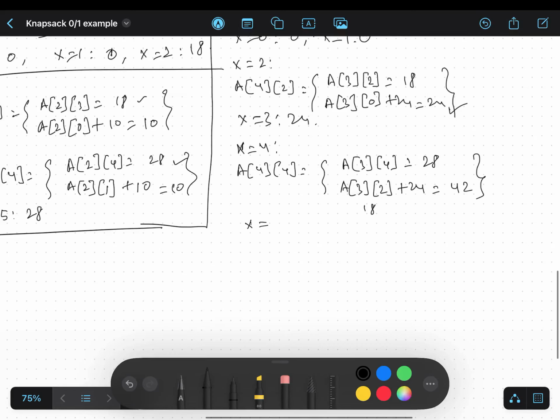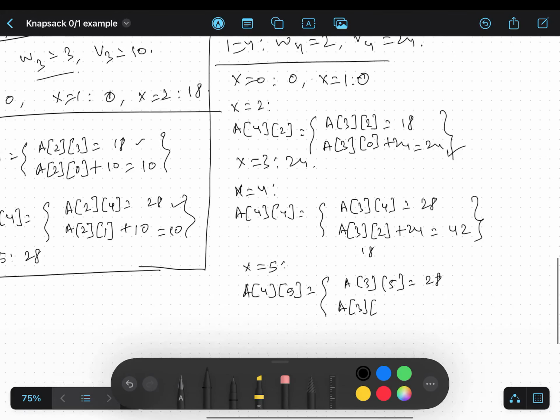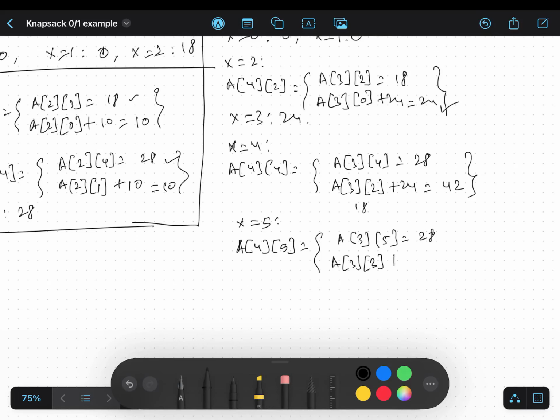Then x is equal to 5. So then A[i][5] is equal to max of A[i-1] and x 5, 3 5, 3 5 is 28, and A[i-1] 3 and then x minus w4. x is 5, 5 minus w4 is 2, 5 minus 2 is 3 plus v4, which is 24, which will come out to be 42 because this is 18.